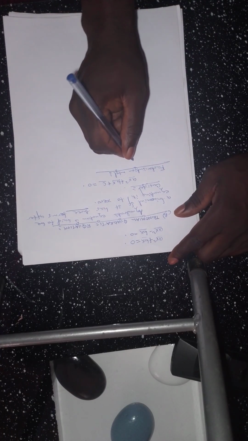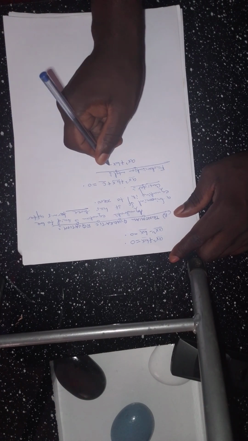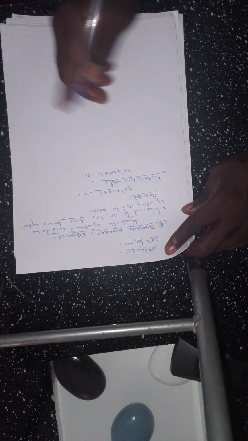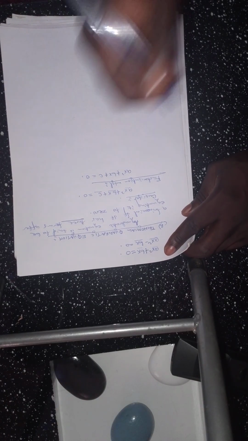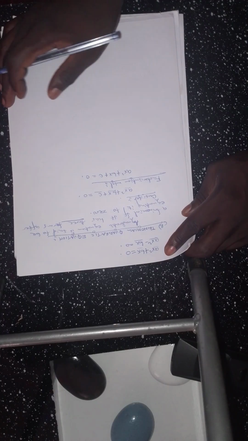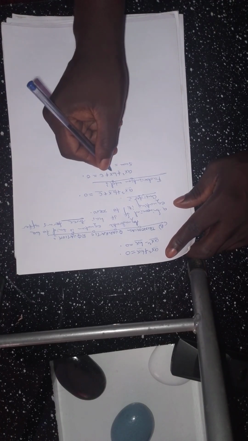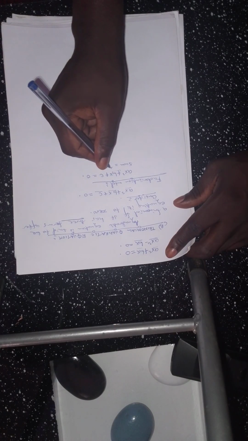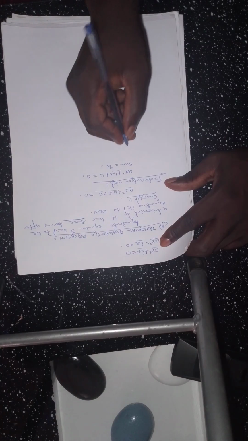Our trinomial quadratic equation is given by ax squared plus bx plus c is equal to 0. Now at our level, the sum is the coefficient of x with its sign. So the coefficient on x is positive b, with its sign.